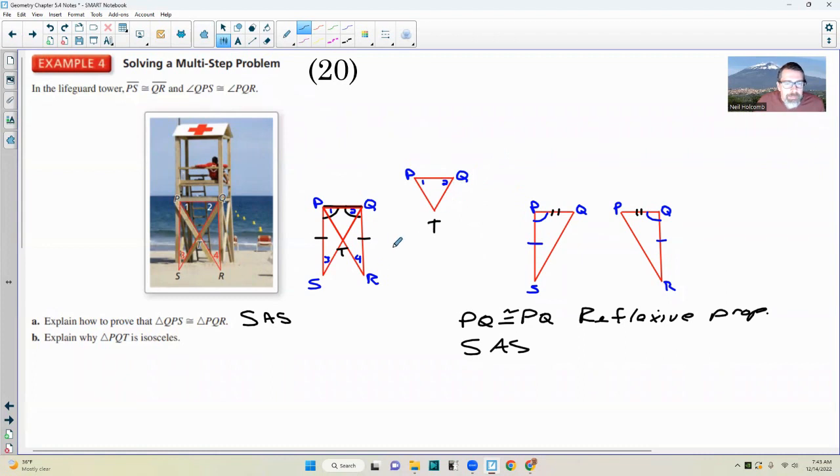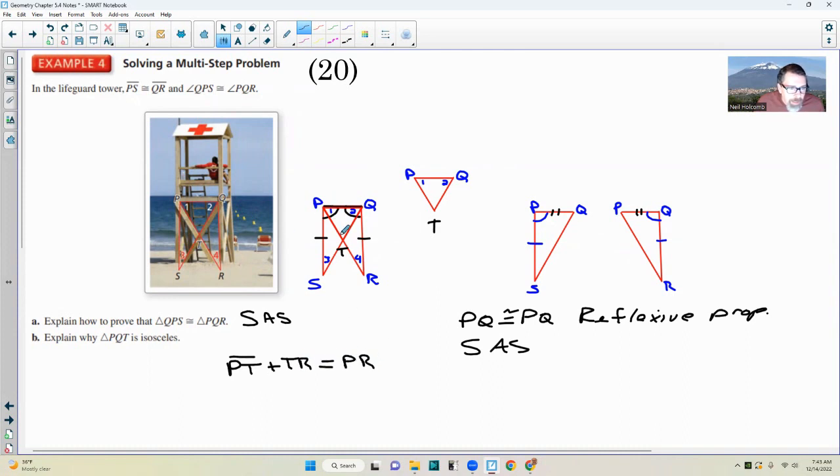All right. So this one's a little trickier. Where did PT come from? PT was a segment that came across here and continued to R. PT is here, TR is here. So I could say PT plus TR equals PR.